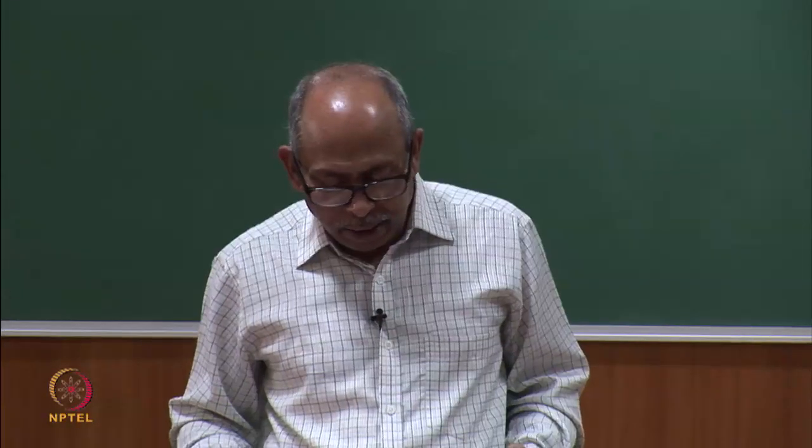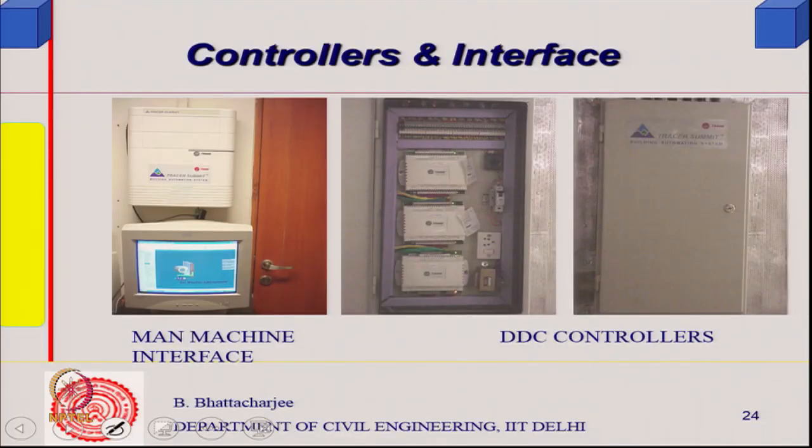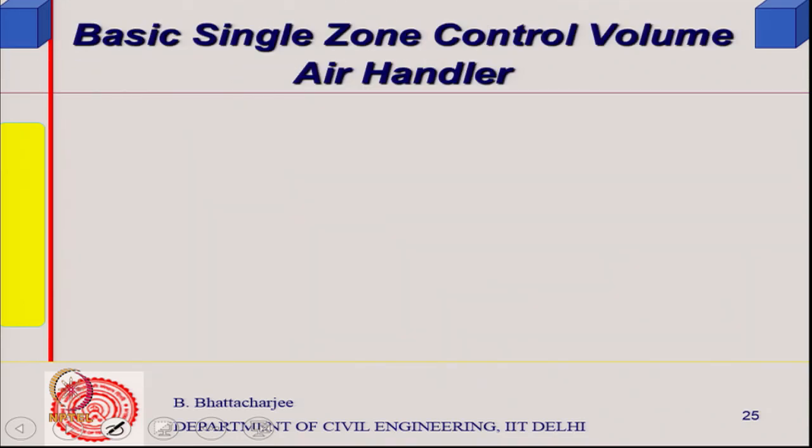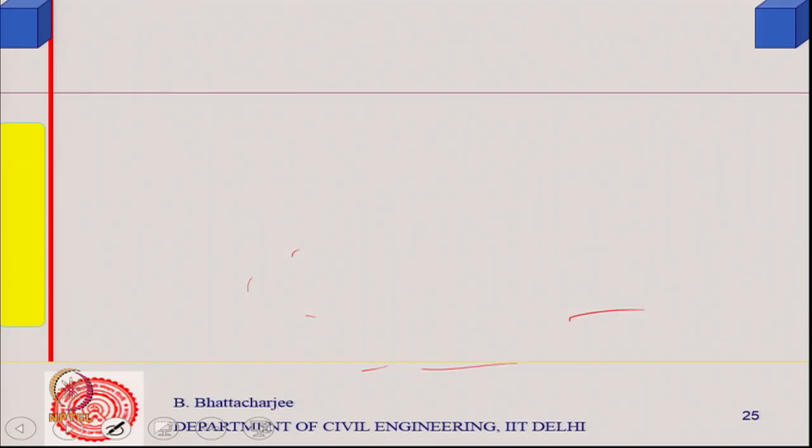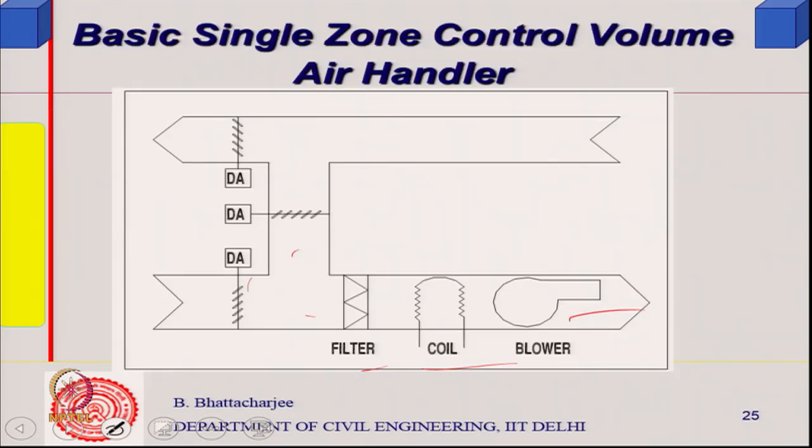This is what it might look like in some cases: man machine interfaces, DDC controllers. There is an actual photograph of a building, and basic single zone control, for example in an air handler. This is our blower, filter, AC. Now, the control is finally the amount of flow that is to be controlled. You will have a DDC, of course not shown here.